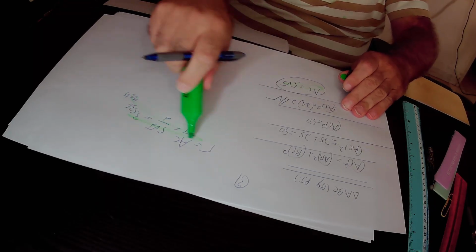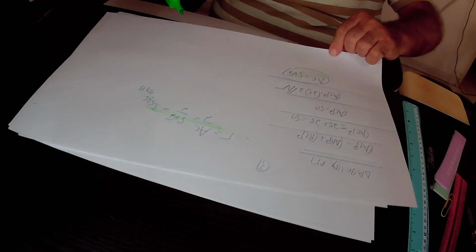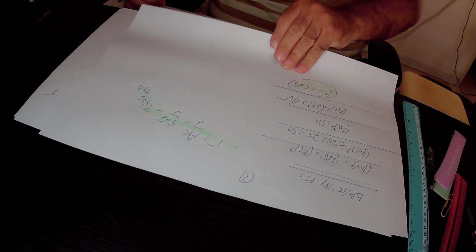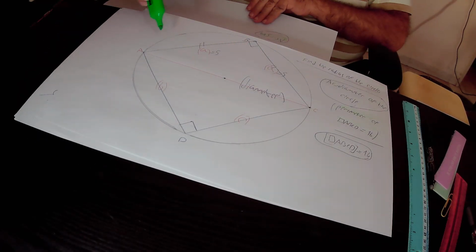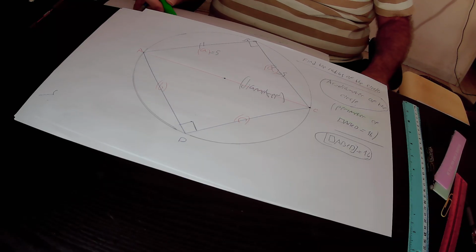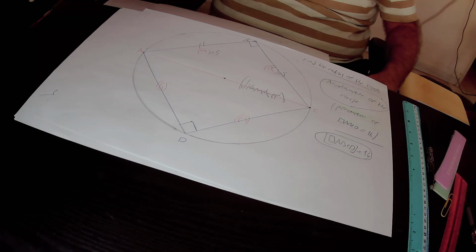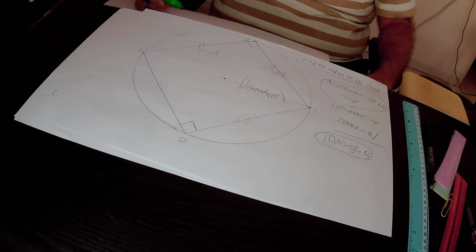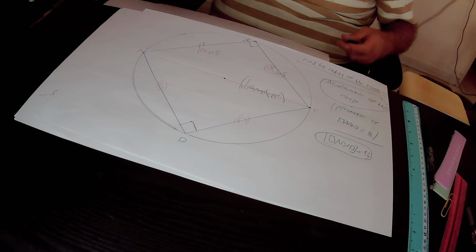So again, the radius of this circle equals either 5 times square root of 2 over 2 units in its length, or in terms of numbers, R equals 3.536 units in its length.